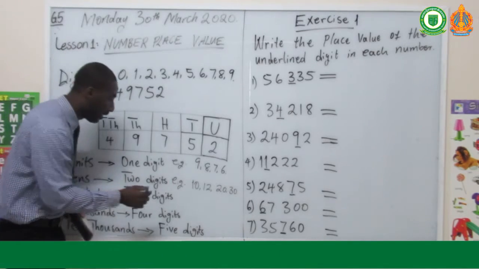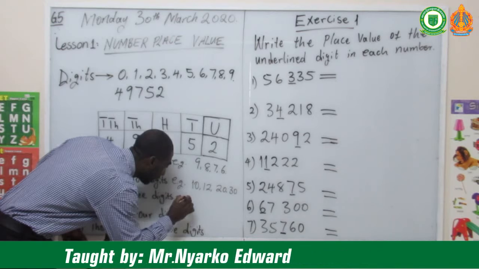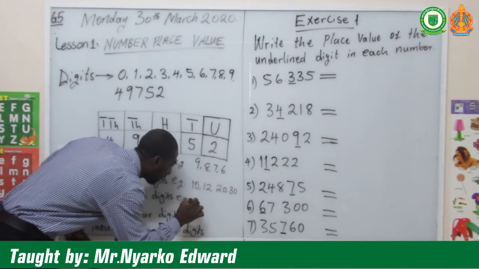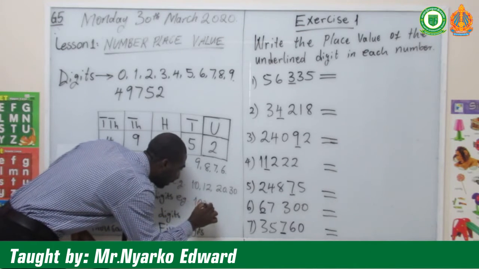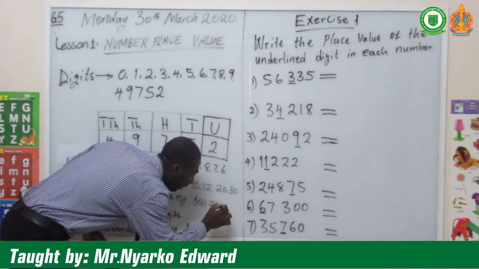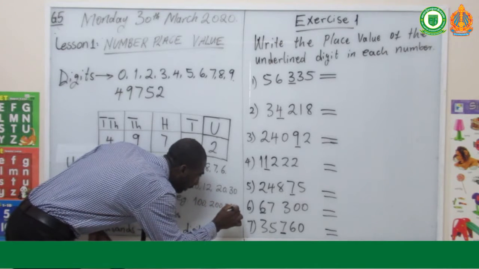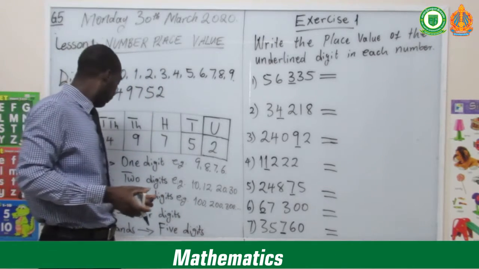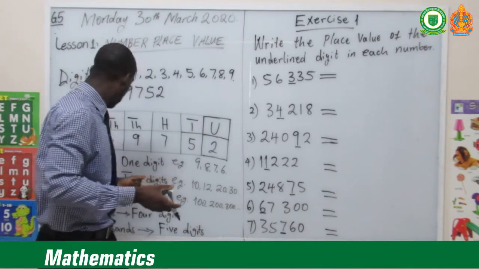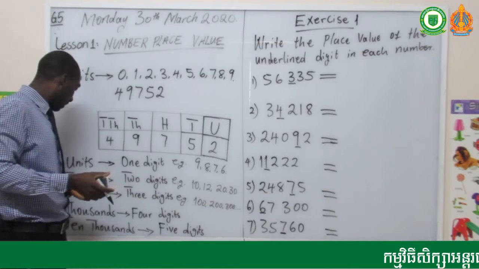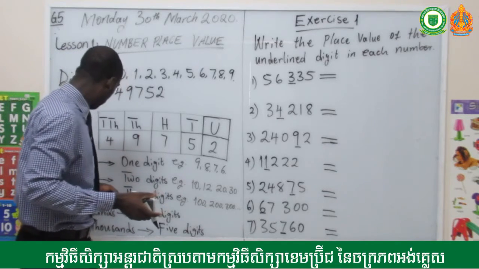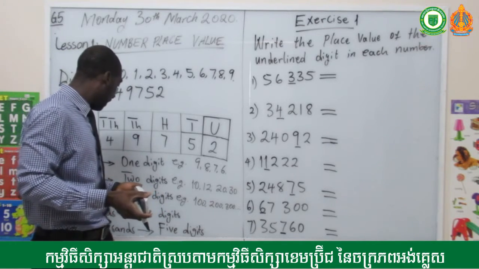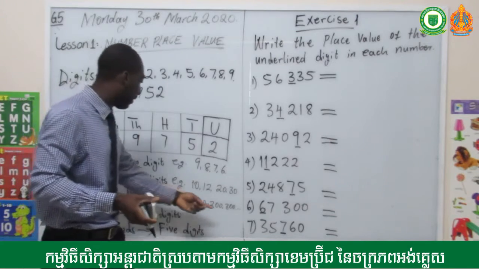Now hundreds. Hundreds, we look at them as your first 100, 200, 300, and then it continues up to 900.